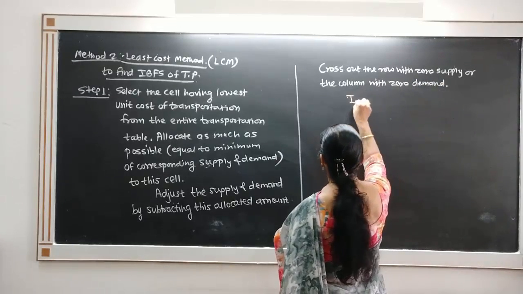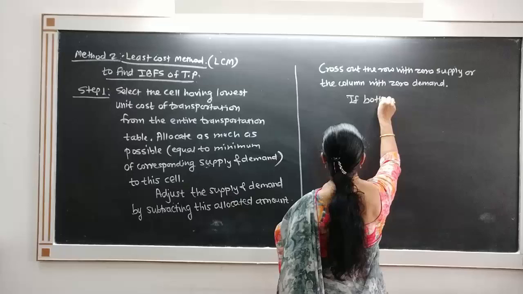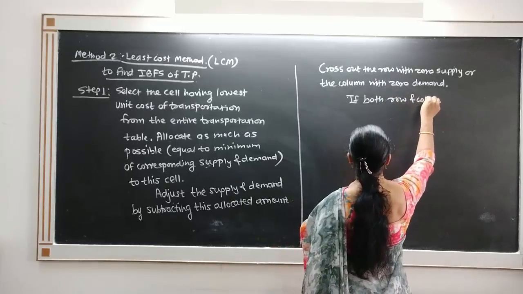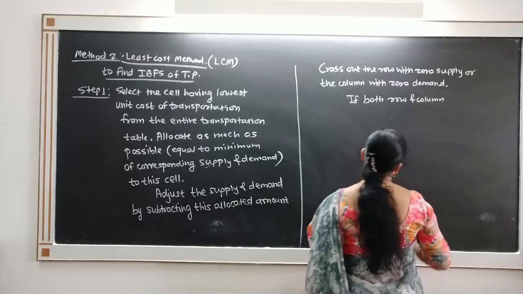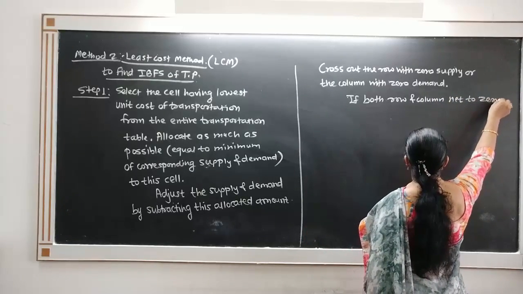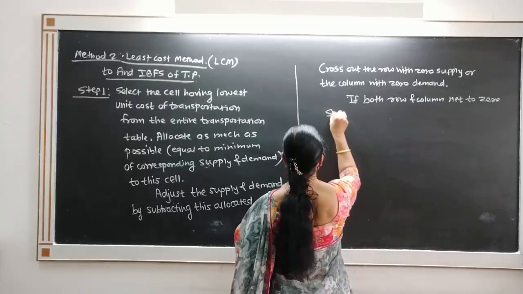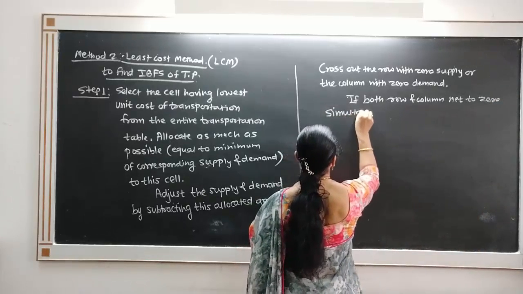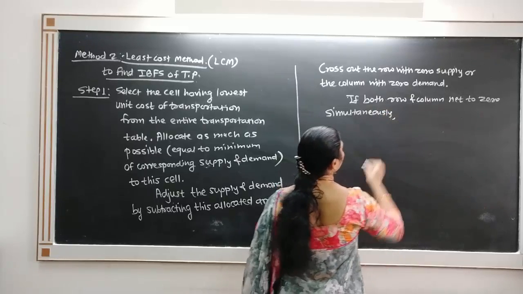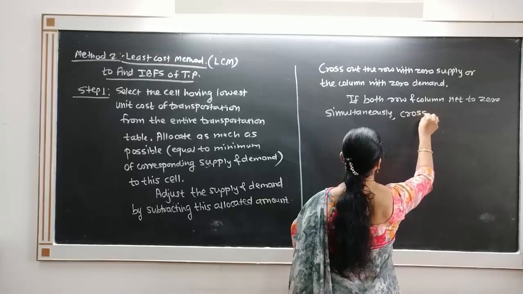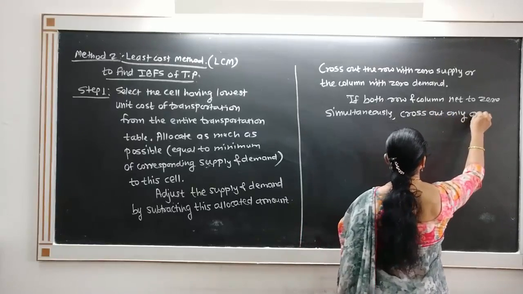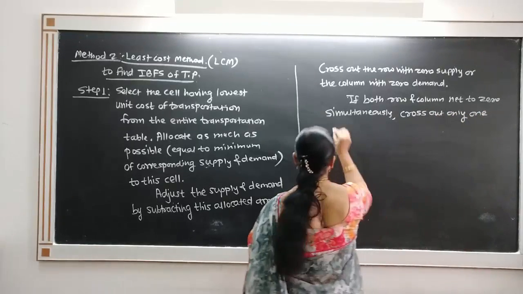If both row and column net to zero simultaneously, cross out only one, either row or column.